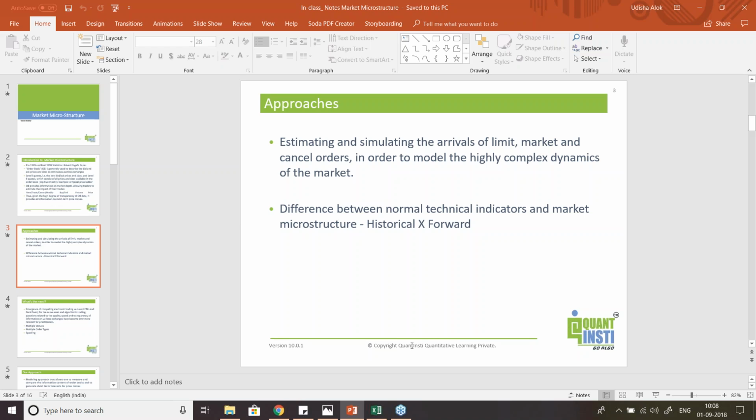We take the past behavior, like a simple moving average or the past 14 period data for an RSI or something like that, right? But in HFT trading, we take only the current data, the current state, irrespective of what has happened in the past few seconds or whatever. We just take what is the exact situation right now.